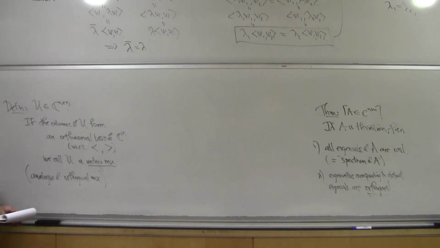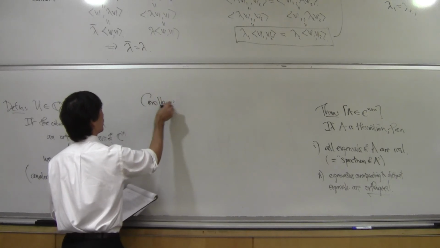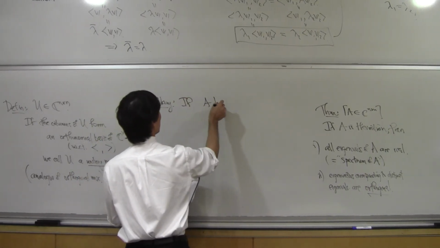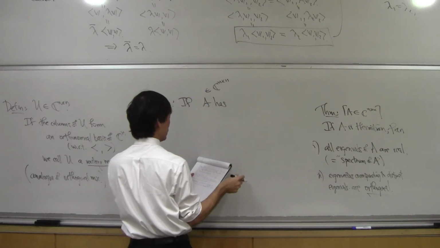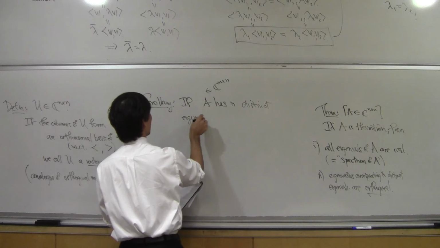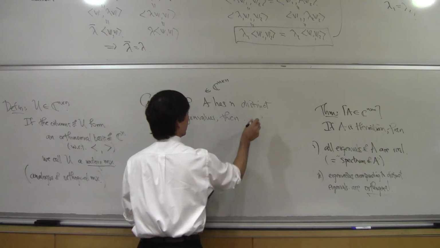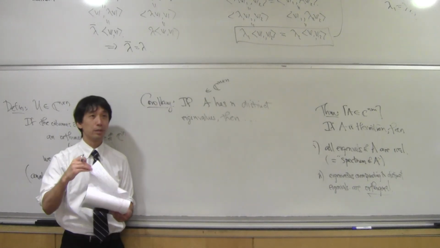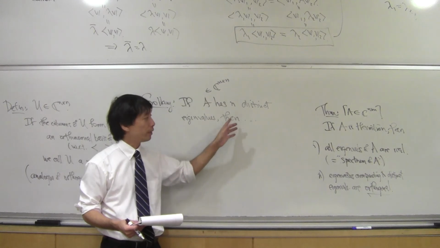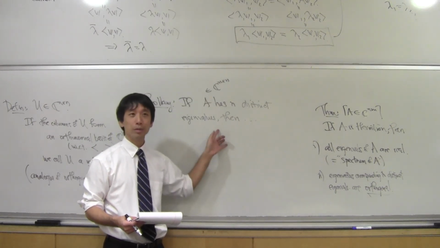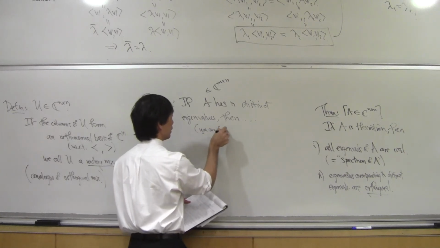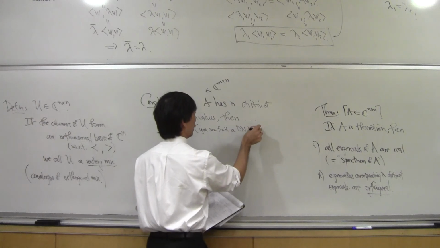So now we can see the corollary. The corollary says this, that if A has n distinct eigenvalues, then you can find a basis of eigenvectors that are orthonormal.